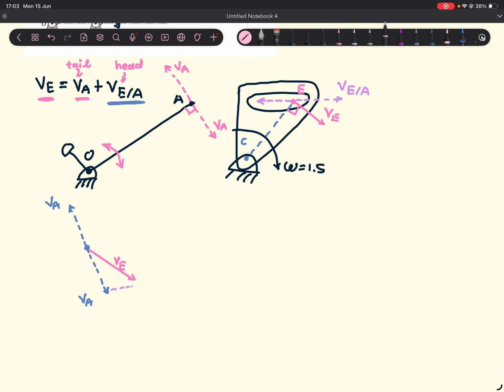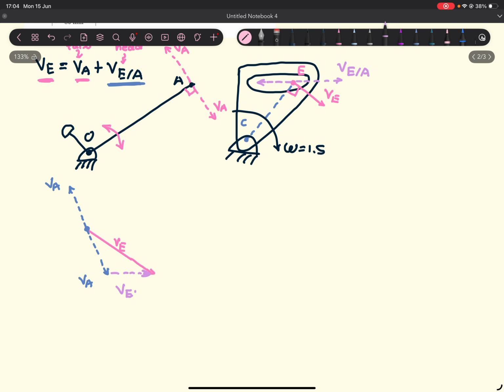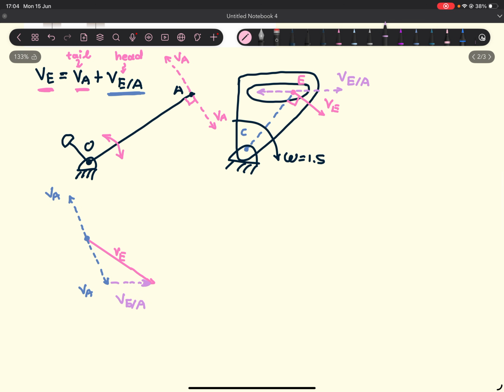So I need to draw it here, and I'm just going to extend this further so that it actually connects. The relative could go this way or that way, but I know VE must end at the head of VE relative to A, so I'm going to choose it going this way. Okay, so this is VE relative to A. Cool, and I have my triangle.